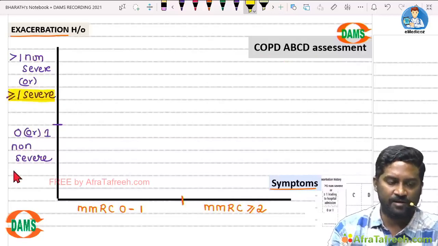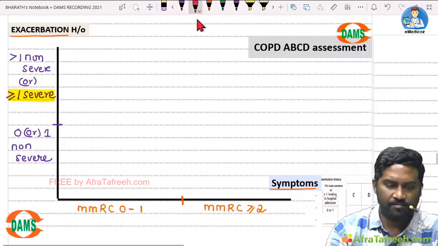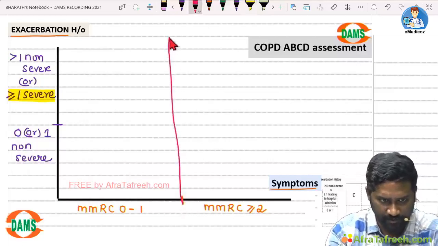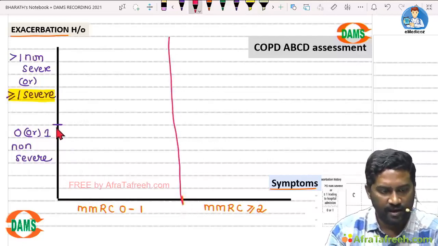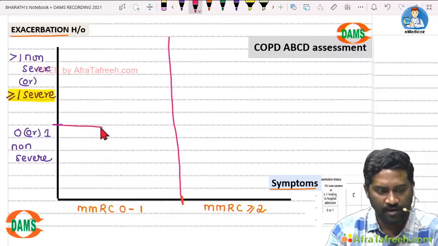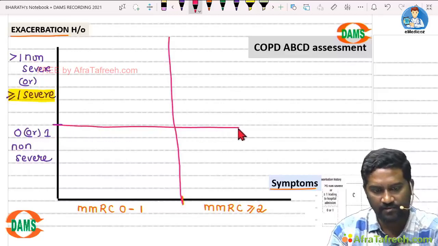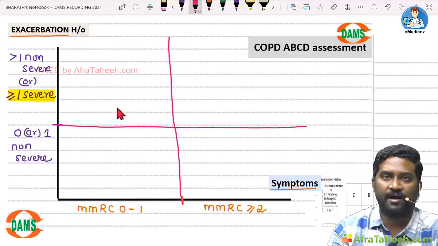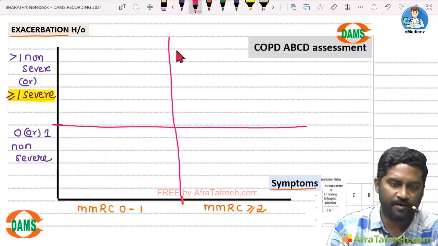So in this table I have divided patient symptoms into two, less symptoms and more symptoms. I am drawing a line like this. I have divided patient's exacerbation history in last 1 year into less and more. Again I am drawing a line like this. Now if you notice, this has given me 4 compartments.